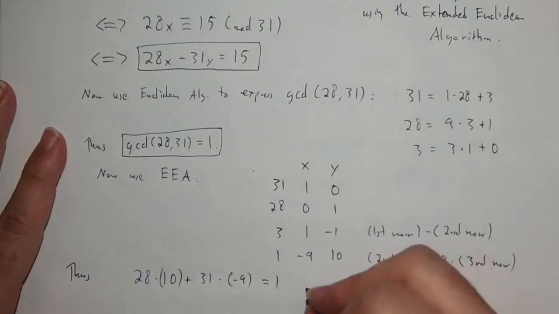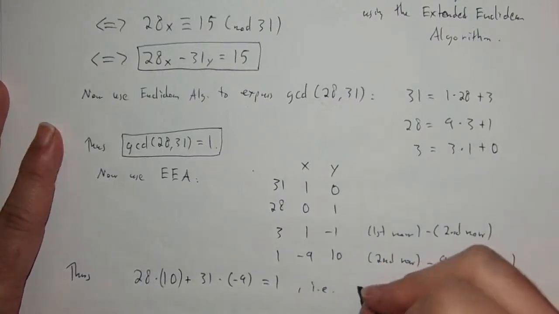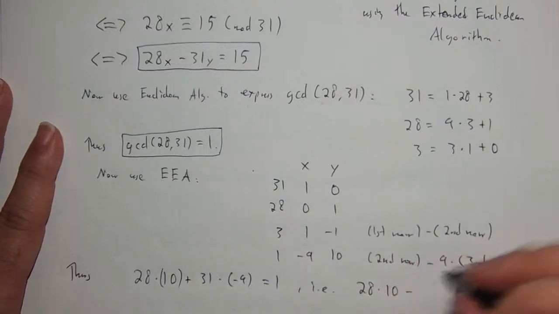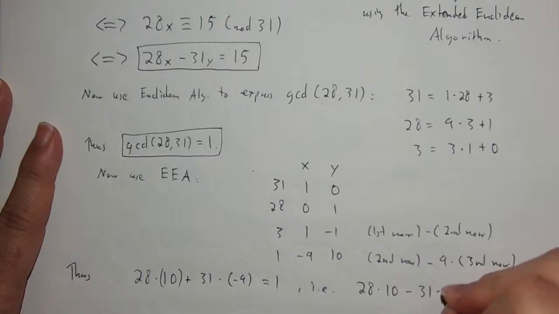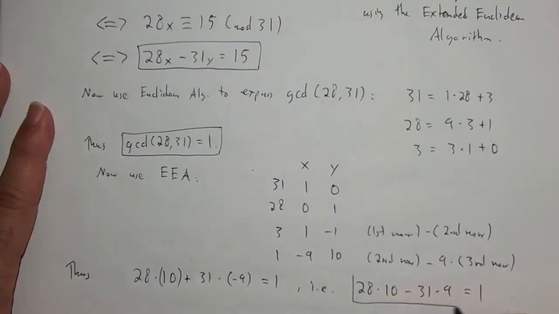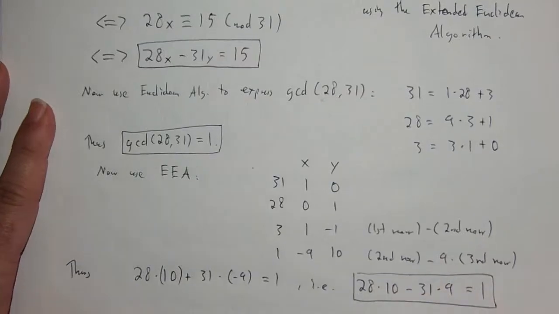That is, 28 times 10 minus 31 times 9 is equal to 1. Now you see where I'm going with this.